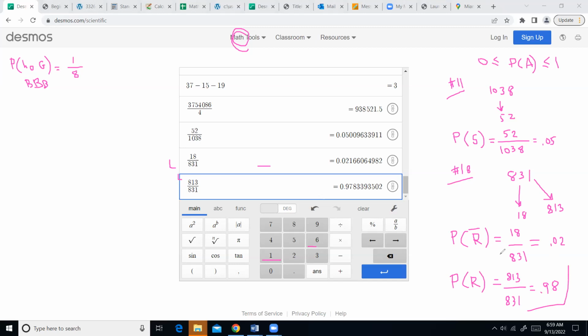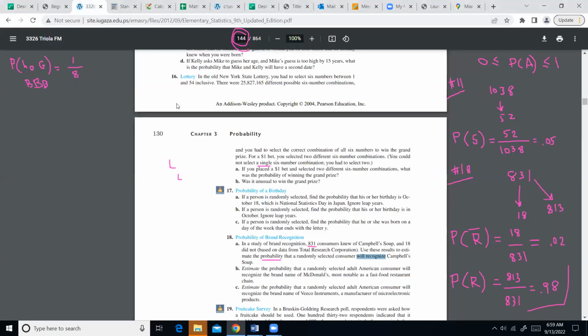I say, well, Alex, we didn't really need to calculate that first piece. Well, technically not, but I think it's a very good idea to calculate it, because now I'm going to introduce you to one very useful statistical formula that says that the probability of not recognizing is the same as 1 minus the probability of recognizing.